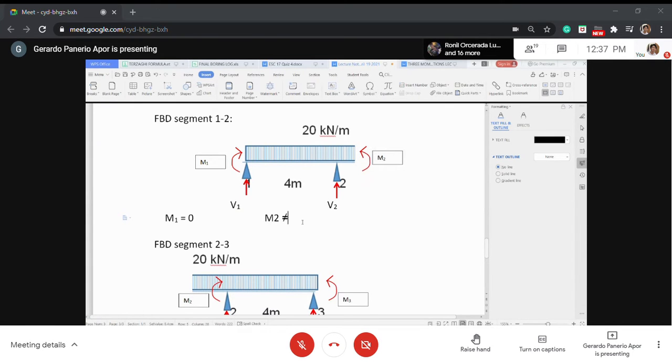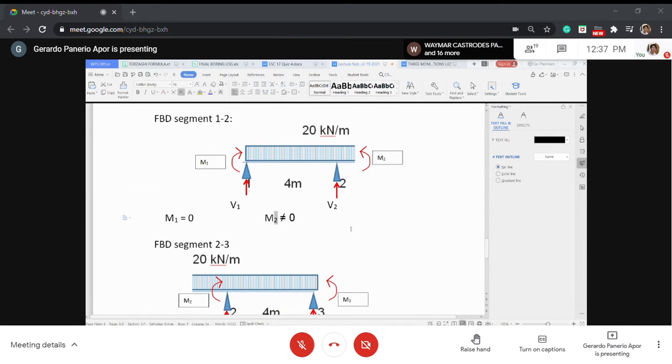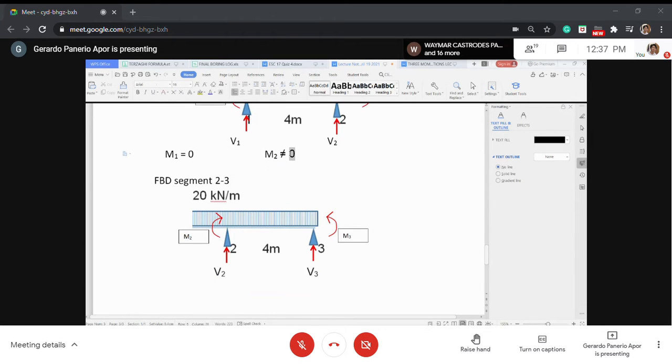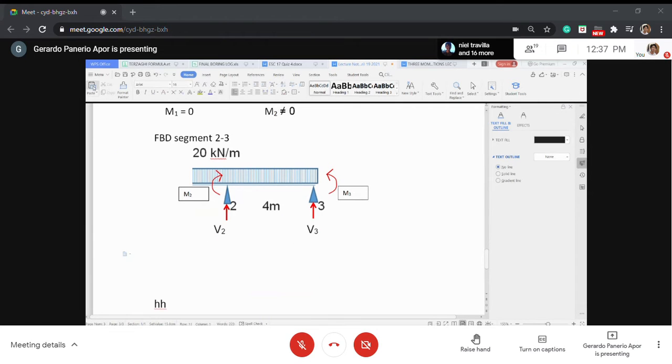Not equal to 0. So M2 is not equal to 0. Similarly, in the second diagram, M3 is 0 because that's a pin support moment. Okay. So those things we know.